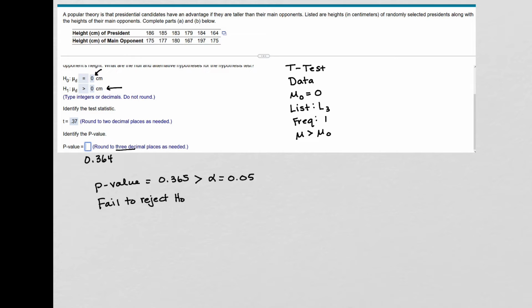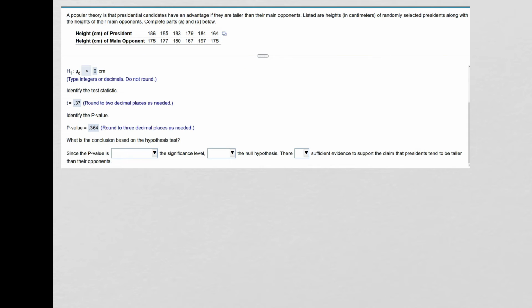So let's take a look at the next part of the question where it asks us to use that information. So here it says, since the p-value is greater than, so we're going to choose greater than the significance level, that's where we fail to reject or do not reject the null hypothesis.